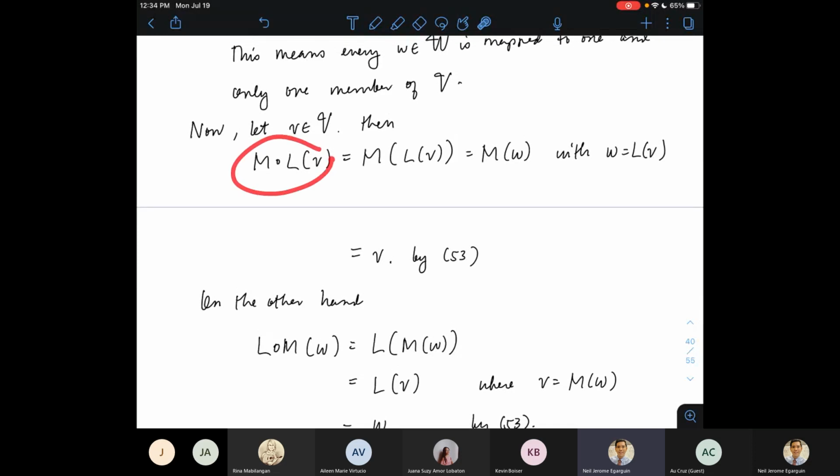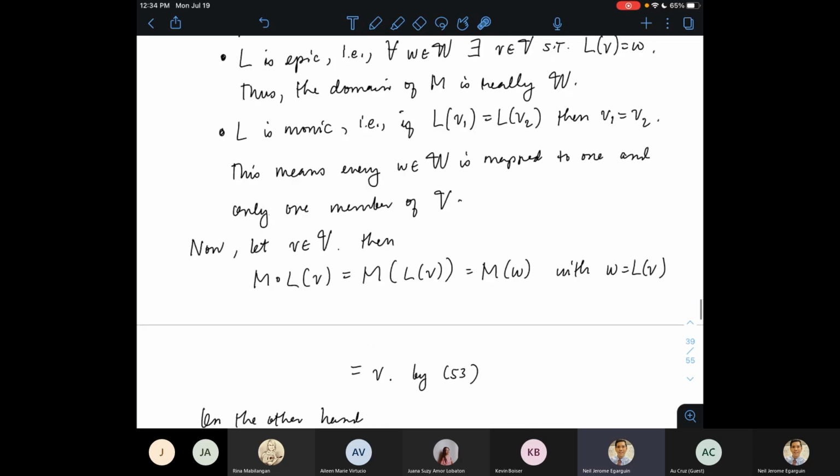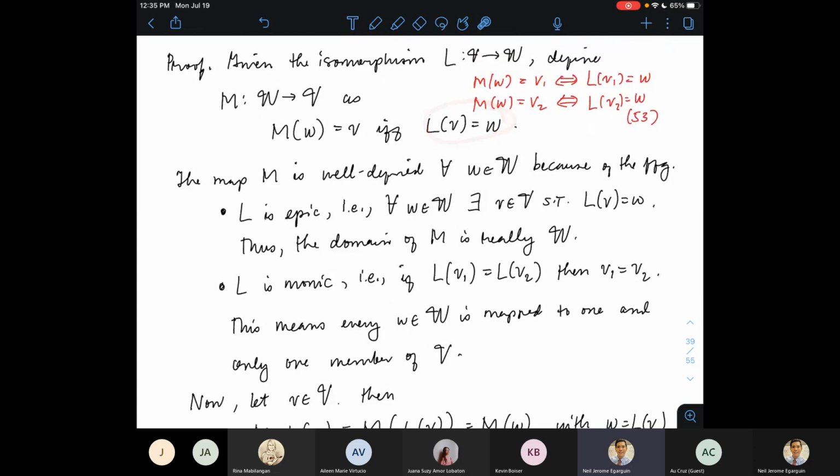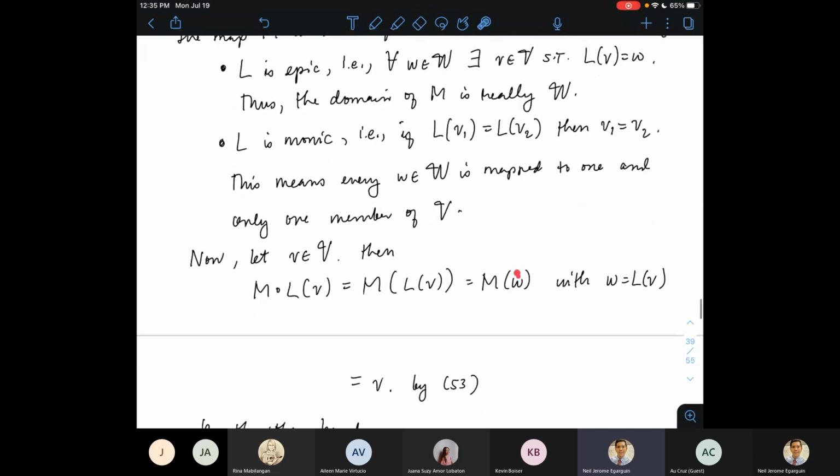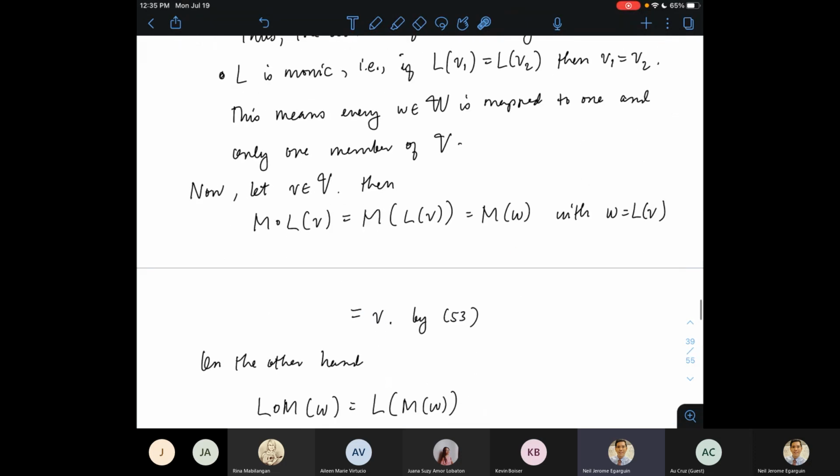Let's compute M circle L of V. By definition of function composition, this is equal to M of L of V. But what is L of V? L of V is equal to W, right? That's how we defined M.